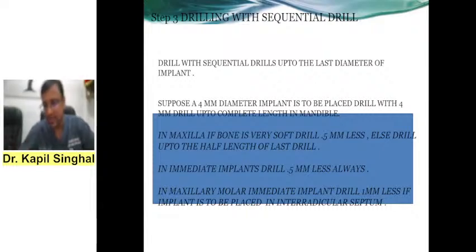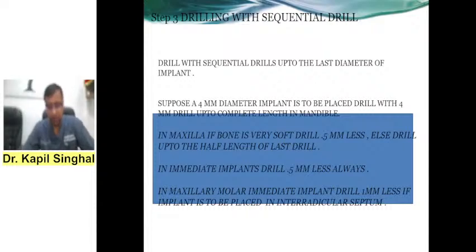Suppose if I want to place an implant of 5 mm and I drill 4.5 mm, that means my whole osteotomy is what size, 4.5 mm, and now I place a 5 mm implant, so obviously the implant to bone contact will increase and my primary stability will also increase.